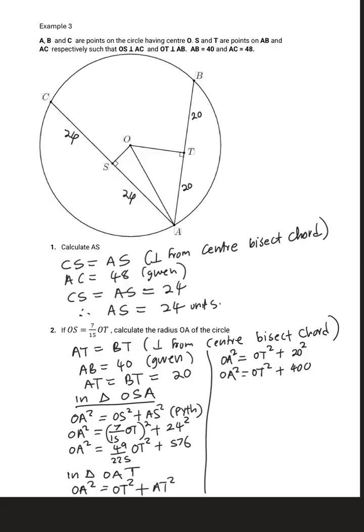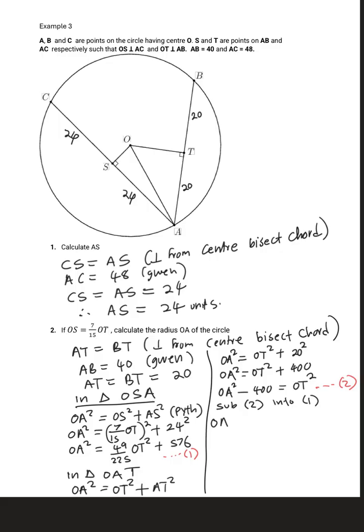So it means I'm going to make OT squared the subject of the formula, and then when I do that, I'll have OA squared minus 400 is equal to OT squared. So then I'll call this one here equation 1, and then this one I'll call equation 2. Then I'm going to say substitute equation 2 into equation 1.